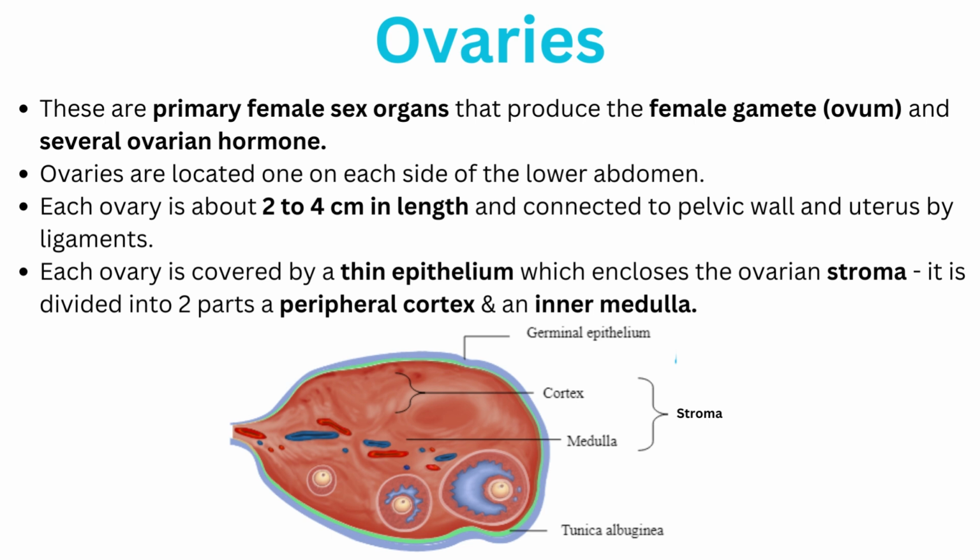It is divided into two parts, peripheral cortex and inner medulla, as you can see in the diagram. The diagram shows the germinal epithelium, then the cortex and medulla that combine to form the stroma, and third the tunica albuginea, the outer covering. We are going to cover it in future, in ovulation.